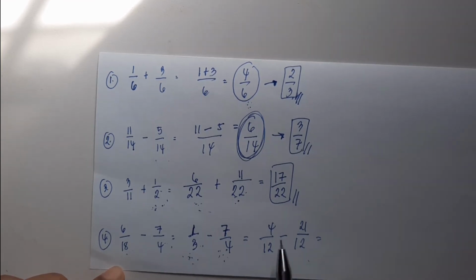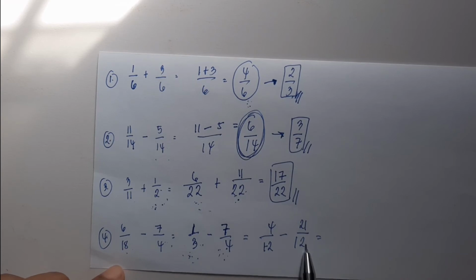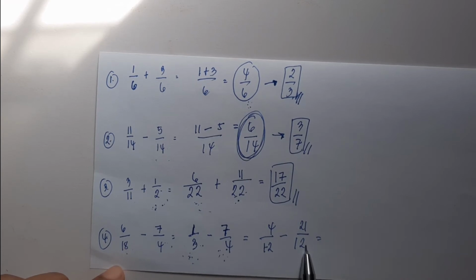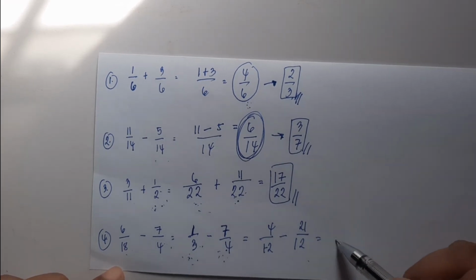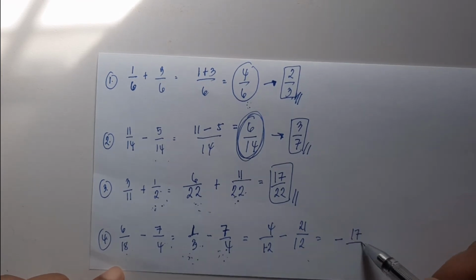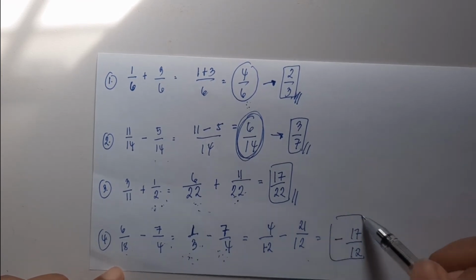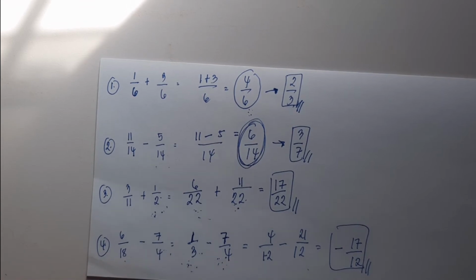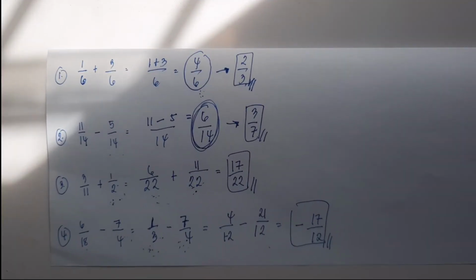So, 4 minus 21 is negative 17 over 12. Is it good? Okay.